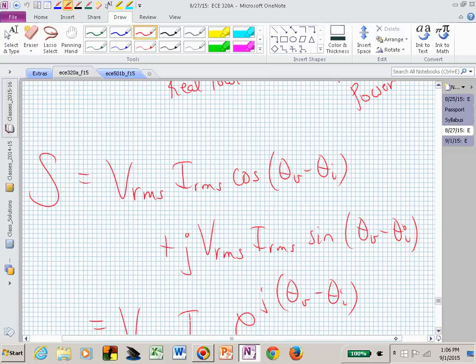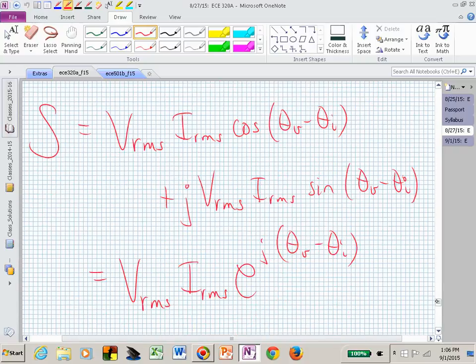We had P, which was the cosine of theta v minus theta sub I. Then we had plus jQ, which was sine theta sub v minus theta sub I. We can use Euler's formula to now collapse cosine plus j sine to just e to the j angle.